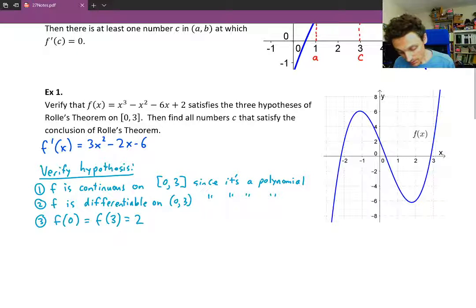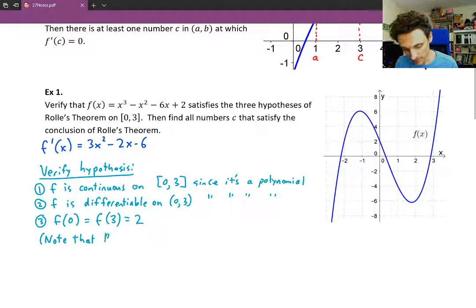Okay, so note at this point what Rolle's theorem would say. All those 3 hypotheses or conditions have been met, and so Rolle's theorem would say that there has to be some value c in the interval from 0 to 3 at which the derivative is equal to 0.